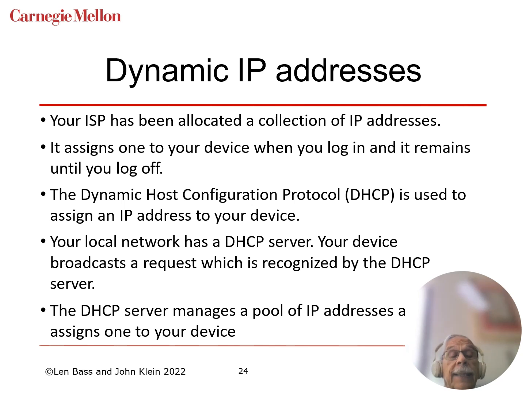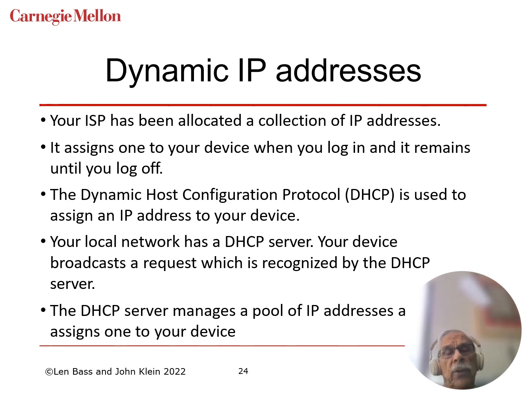Your ISP has been allocated a collection of IP addresses, and through your DHCP server, it will allocate one to your device when you log in, and that will remain your IP address until you log off. The DHCP server uses the DHCP protocol, and that's how it assigns. So your local network has a DHCP server.